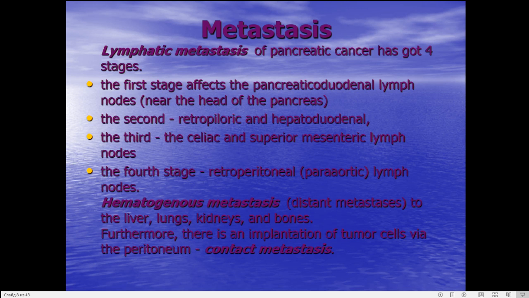When we do diagnostics of cancer, it is very important to know which stage of lymph node metastasis is affected, or if there are hematogenous or distant metastasis, in other words, to which organ, or if there is contact metastasis on peritoneum, or carcinomatosis.